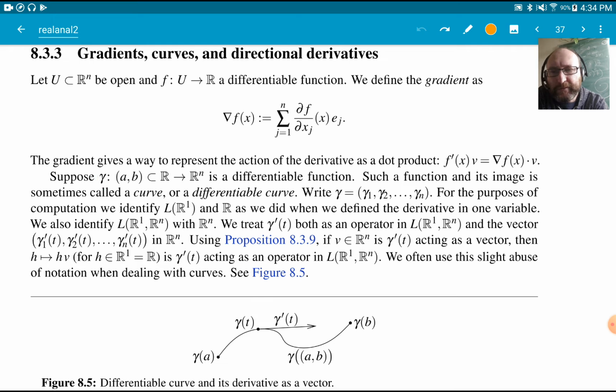So let's suppose that we have a gamma. It's a differentiable function, right? A lot of times, when we write down such a gamma, we call it a curve or a differentiable curve in this setting, or sometimes a path. Why is that? Well, because at each point over here, you could think of that as time, right?